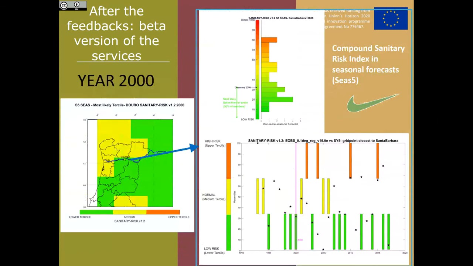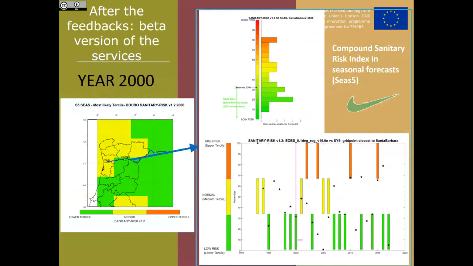Then the idea is to understand how the seasonal forecast, for instance, can reproduce this compound index for the wine sector.